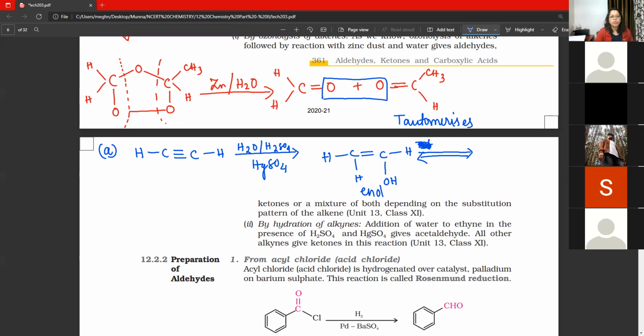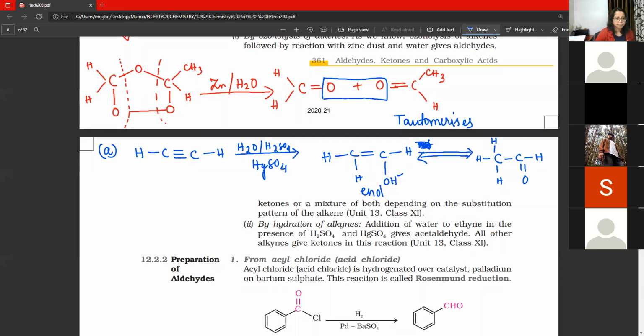See how it's going to combine. This other pi bond is going to break. That will combine with this hydrogen. So another bond got broken. So now it has three single bonds. Another single bond with another carbon. This carbon attached with double bond and H.